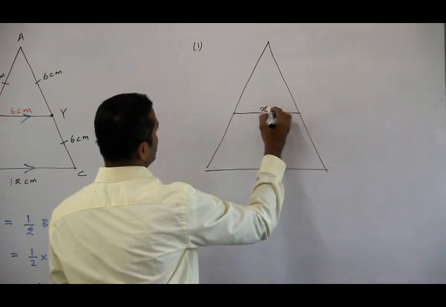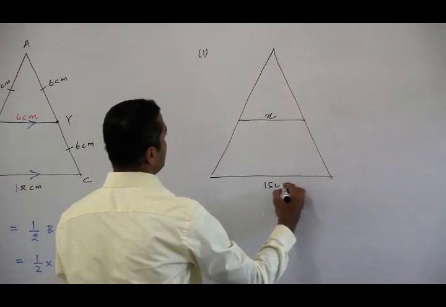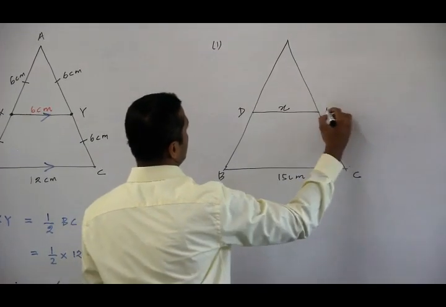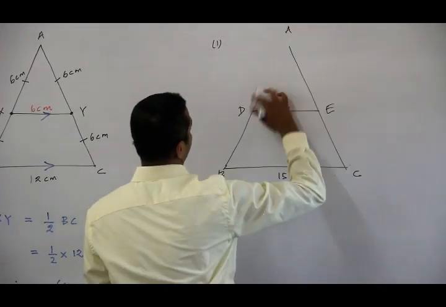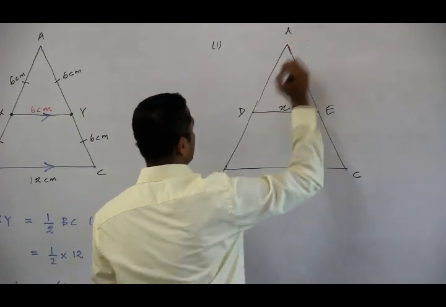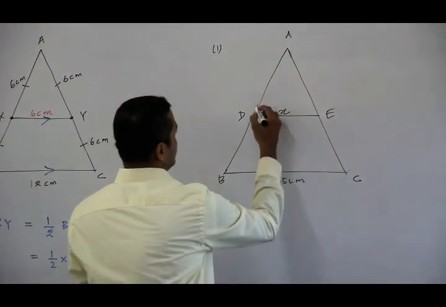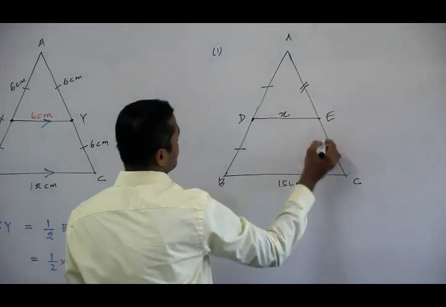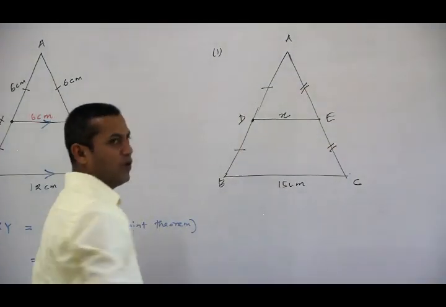You need to find x. This is 15 centimeter. It is given that this is equal to this and this is equal to this. So it is all about the midpoint theorem.